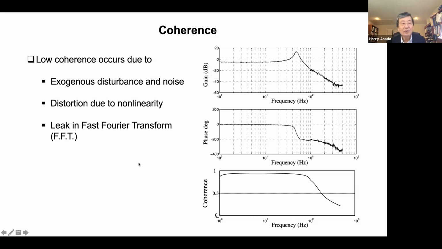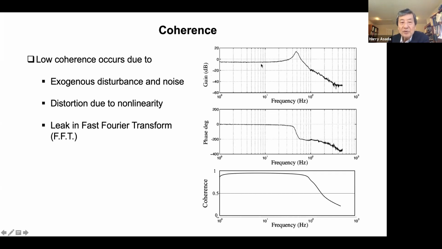One obvious reason is that there's some kind of exogenous disturbance or noise coming into this. Even though we use the correlation-based method, and in the frequency domain we basically eliminated the uncorrelated noise, if the signal is truly uncorrelated, that's good.